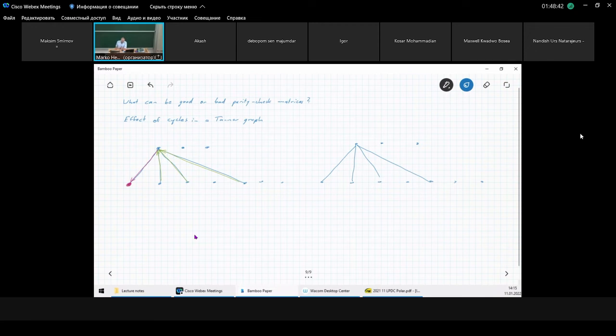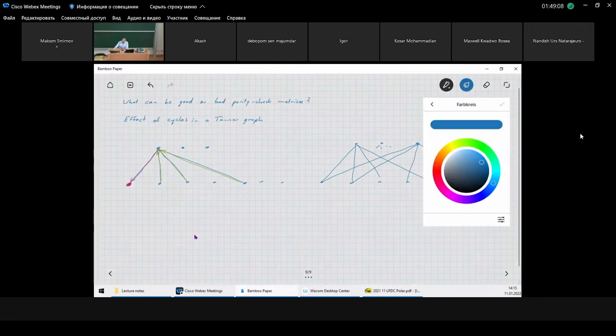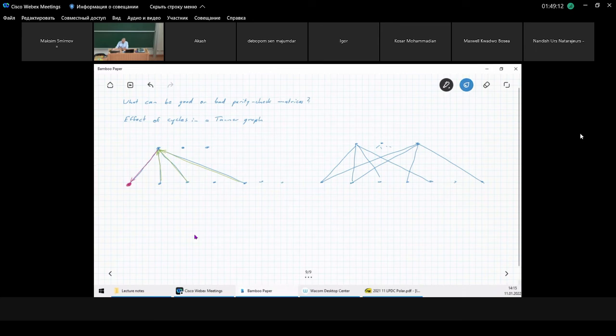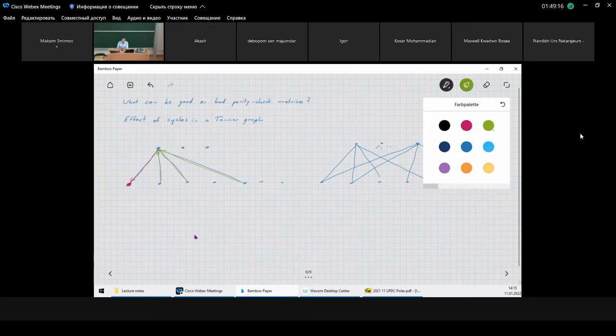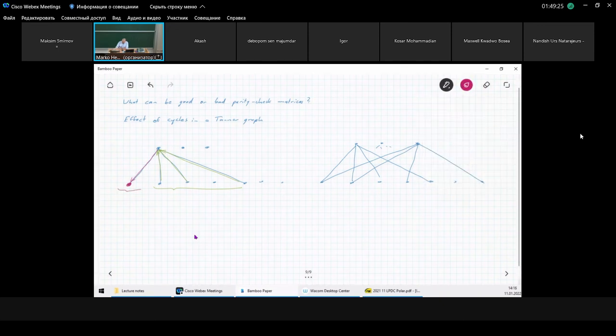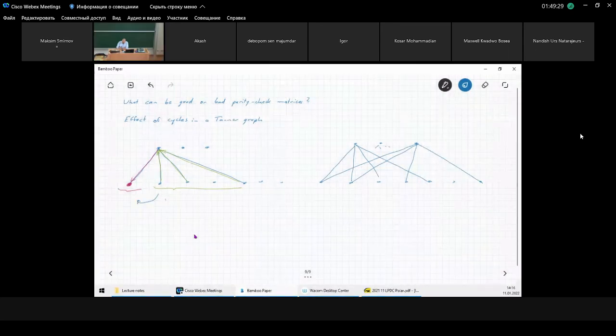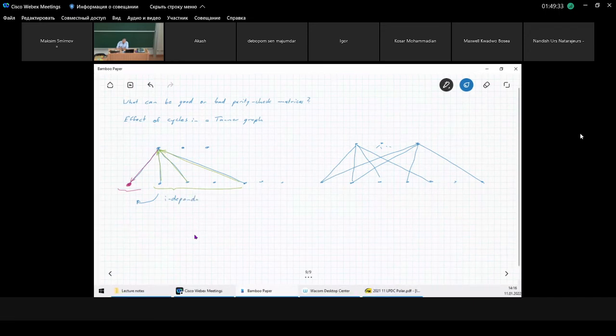So looking at the first bit, here we get actually independent information in the first iteration.